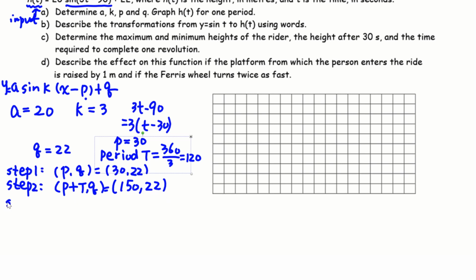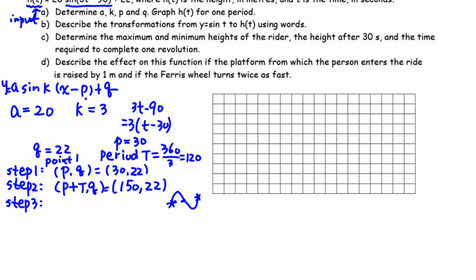And step 3, we are going to find the middle of these 2 points. If this is a sine, then we know the sine has first point, last point. The midpoint will be the same as this first and last point. So that is the first point. This is point 1. This is the last point.